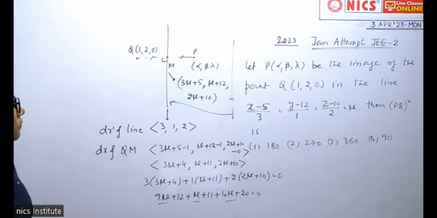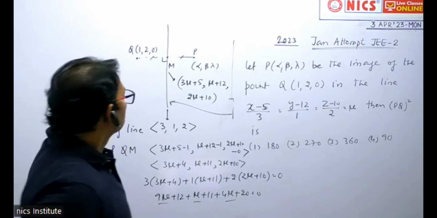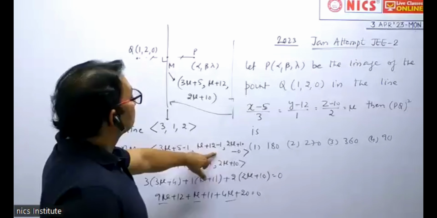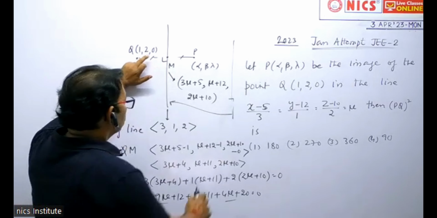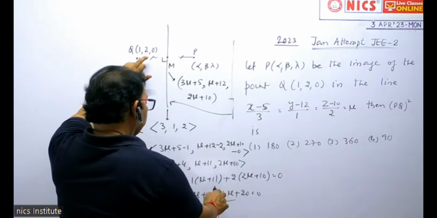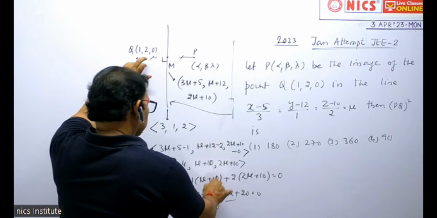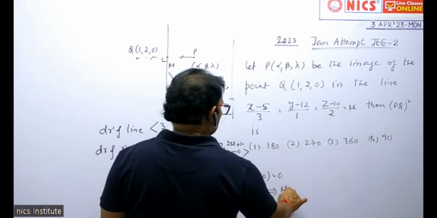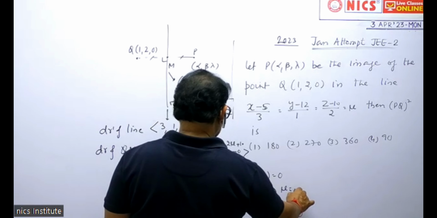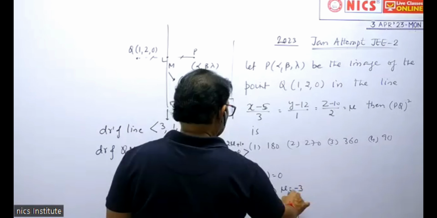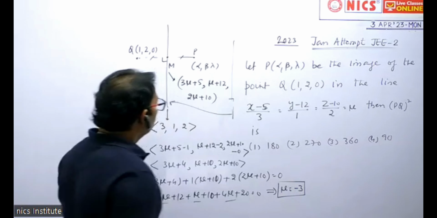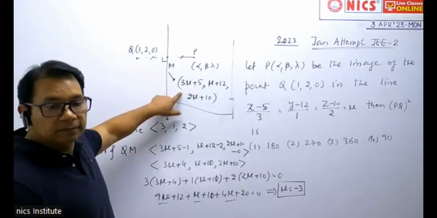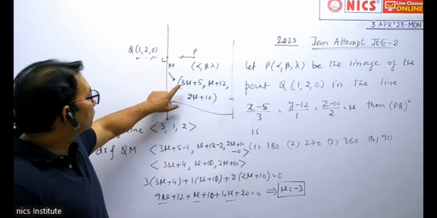Correct? Shouldn't it be mu plus 12 minus 2 in the DRs of QM? This is what you have to check at every moment again and again. So what is mu? Minus 3. Once you get mu, substitute it over here and get the coordinates of the point.